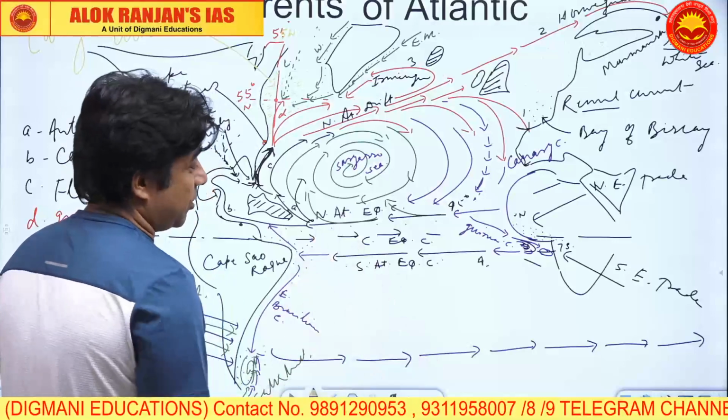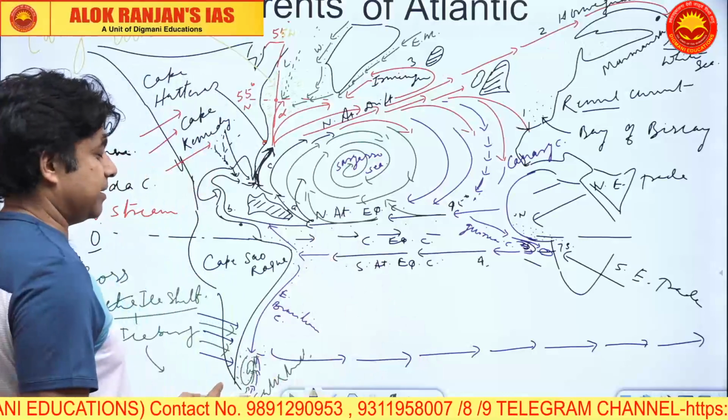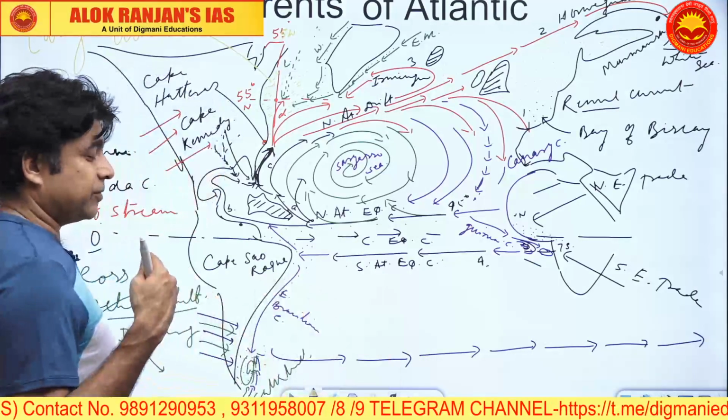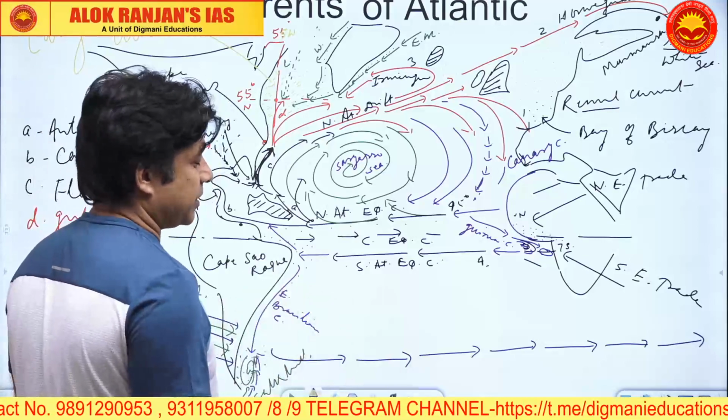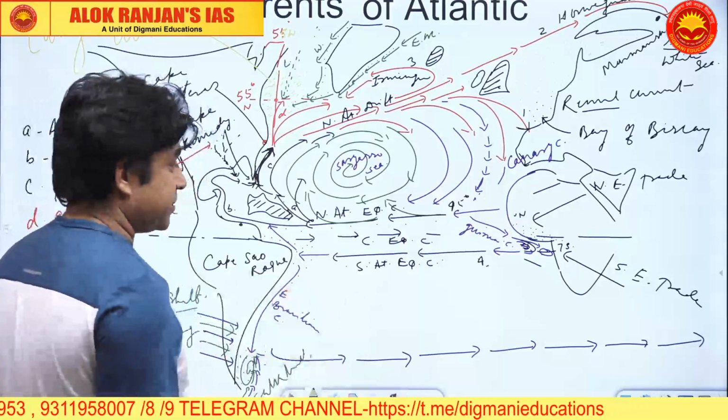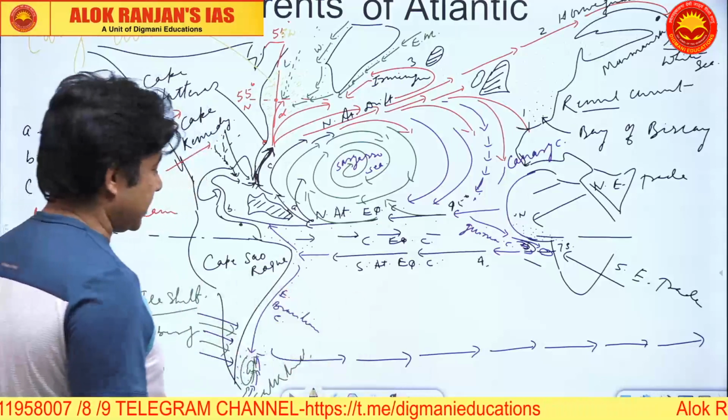Because here the continental masses are absent and the winds are uninterrupted, unobstructed, and the westerlies are called roaring 40s, furious 50s, shrieking 60s. We have discussed all these.